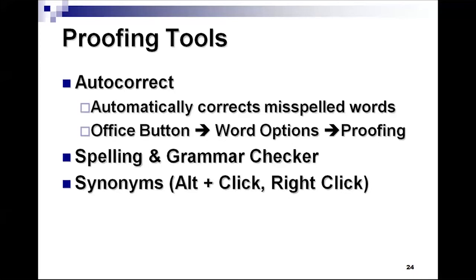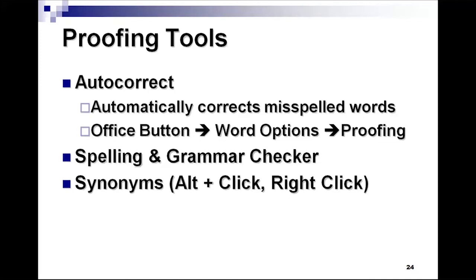Not only words, there are some other options. The system automatically corrects, but there are some options to change. You have to understand there are some options, because if you have not selected these options, the system will not correct automatically, right?